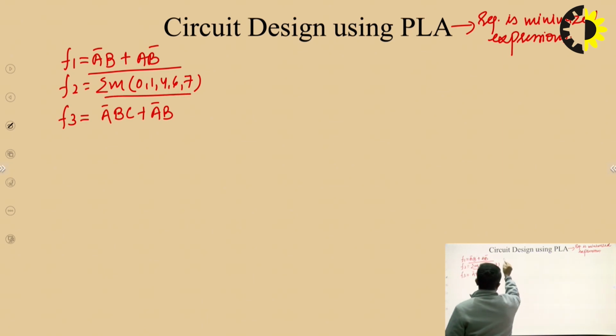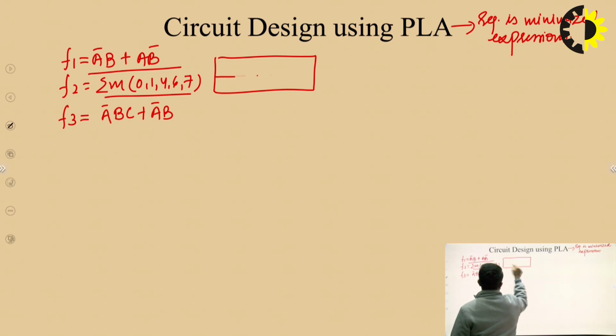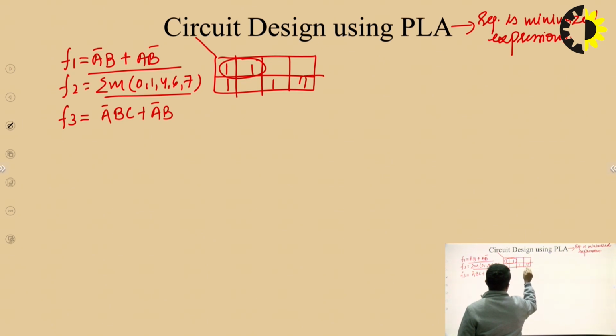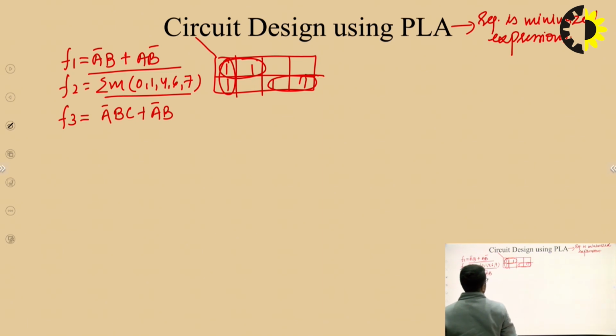For F2, we have to solve the K-map for 3 variables. So quickly solving it. So 0, 1, 2, 3, this is 4, 5, 6 and 7. If I check the grouping patterns, I can see that I can simply make this one and this. So there are 3 groups.